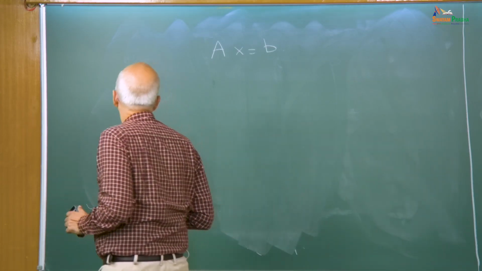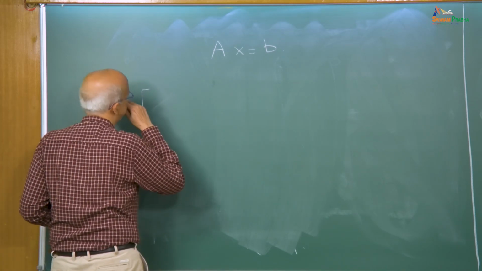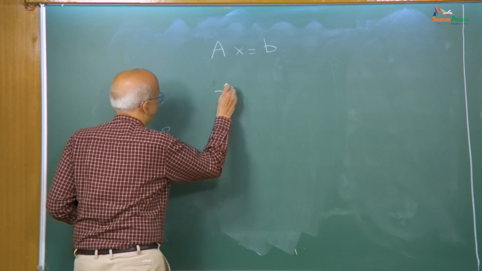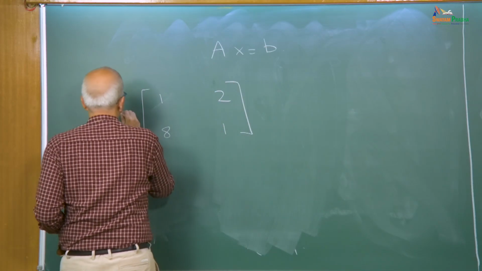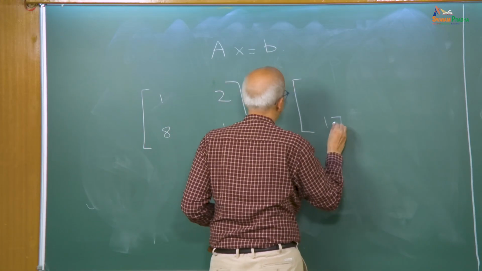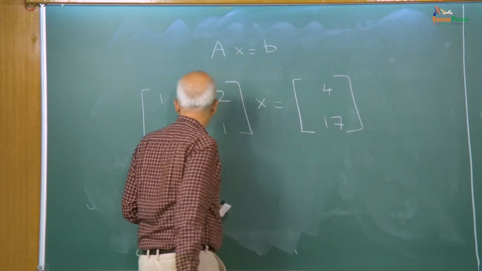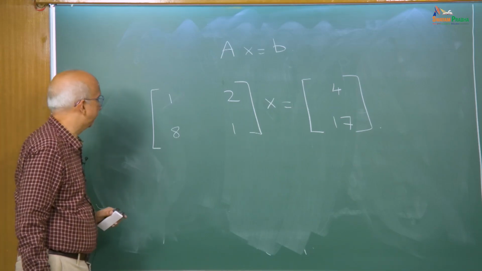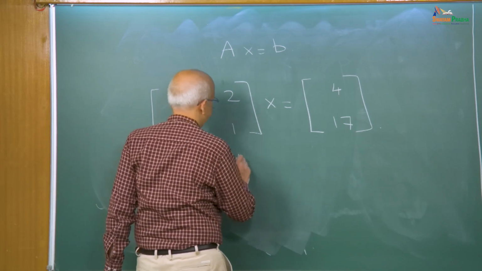To keep my life simple, we will do a 2 by 2. So, that is the equation I am trying to solve. This is Ax equals B.